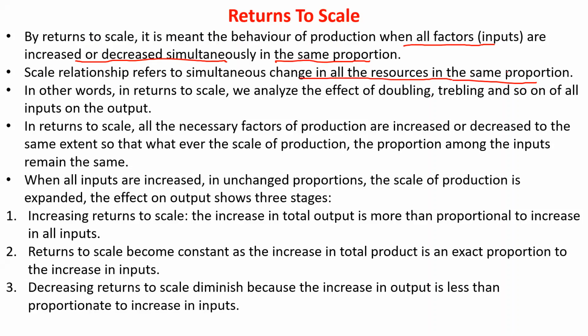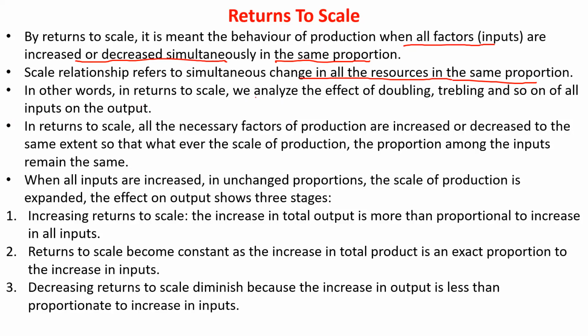मतलब सारे इनपुट्स हम सेम प्रोपोर्शन में दिए, अगर 4 इनपुट्स है तो 4 के 4 इनपुट्स हम डबल करते हैं या डिक्रीज करते हैं इन सेम प्रोपोर्शन। अगर हम एक रिसोर्स 10 क्विंटल से इंक्रीज कर रहे हैं तो सारे इनपुट्स हम 10 क्विंटल के साथ ही इंक्रीज करेंगे.